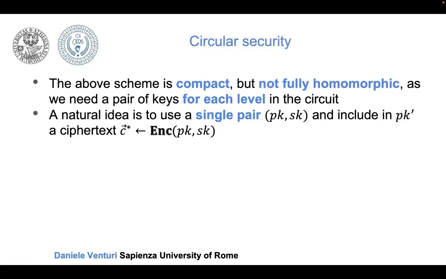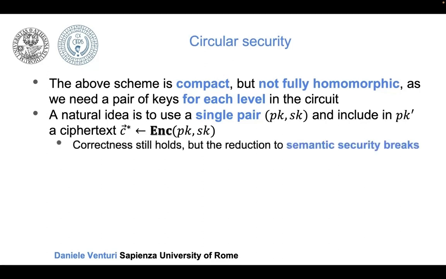This allows everything to work, because now you can compute, and then instead of switching key, you just keep the same key, but you bring the noise level to the minimum, or to a level that allows you to compute another gate. Compute a gate, put the noise back to minimum, compute a gate, put the noise back to minimum. The only issue is that now you need to publish this encryption of the secret key under the public key.